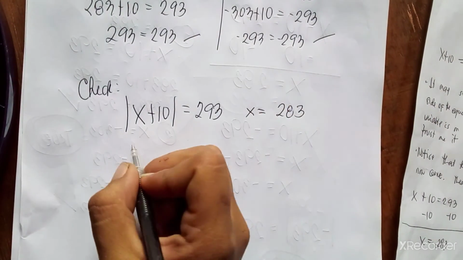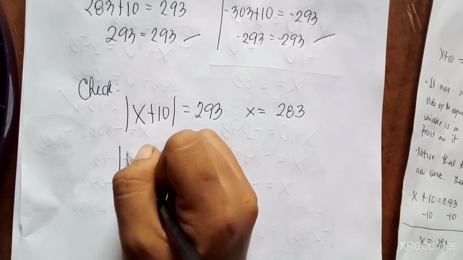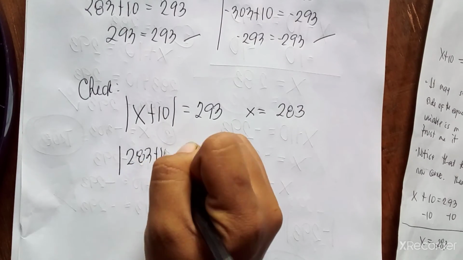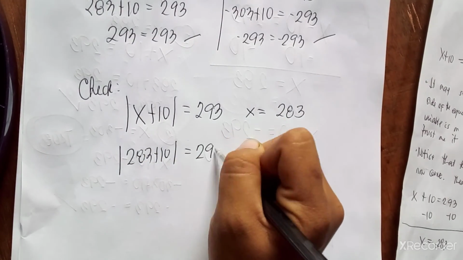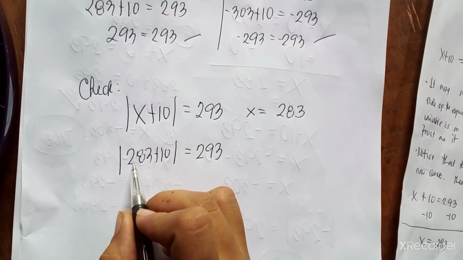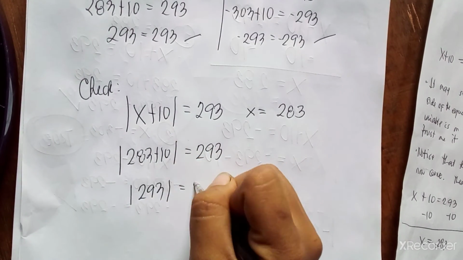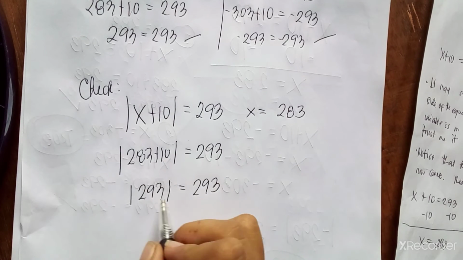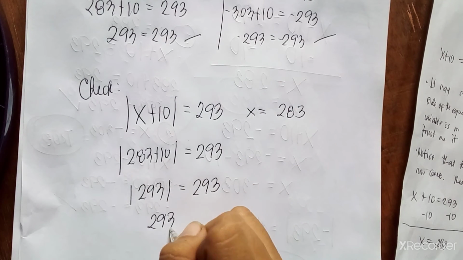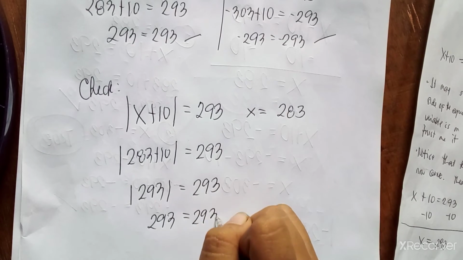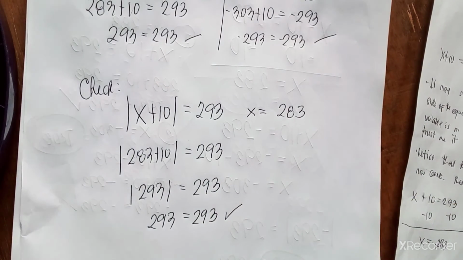So, we have 283 plus 10 equals 293. 283 plus 10, we have the absolute value of 293. And the absolute value of 293 is 293. So, they are equal. So, this is true.